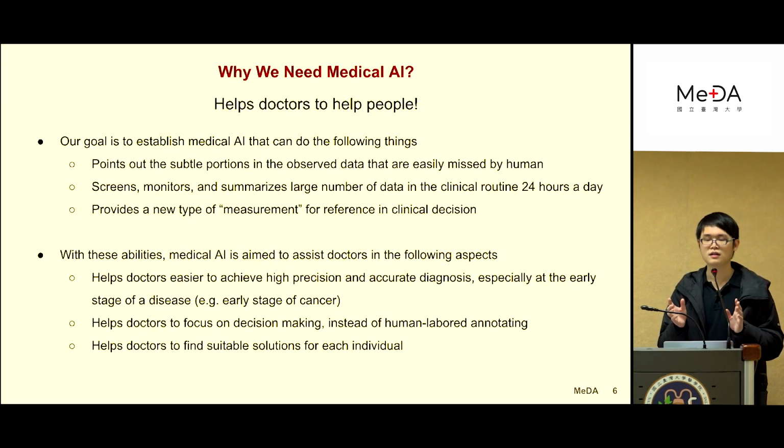This kind of tumor or sign is very easy to be missed by the human naked eye. By using AI, there is a chance to let humans notice that there is a small tumor. This can help doctors achieve higher precision and accuracy in diagnosis, especially when the disease is at an early stage.